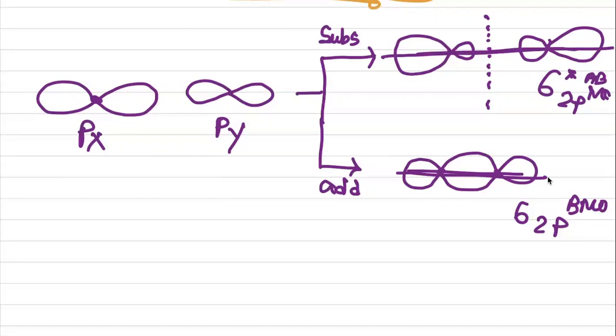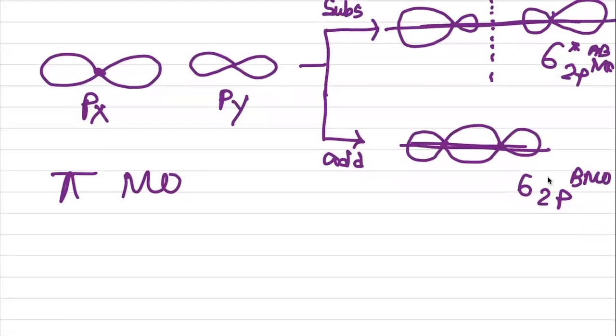Pi bond is always formed by sideways overlapping. Yes or no? Yes, ma'am. Which bond is stronger, pi bond or sigma bond? Sigma bond.